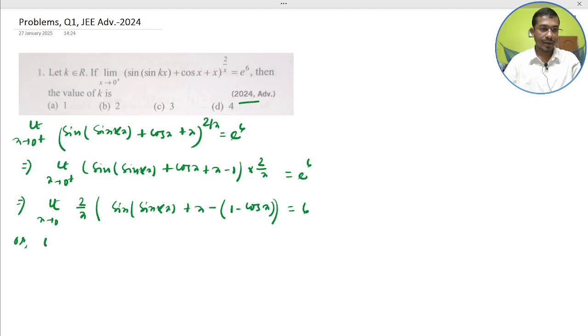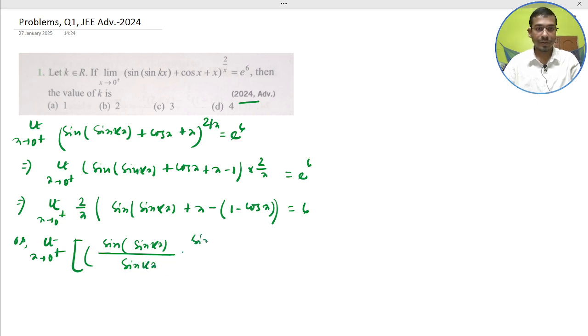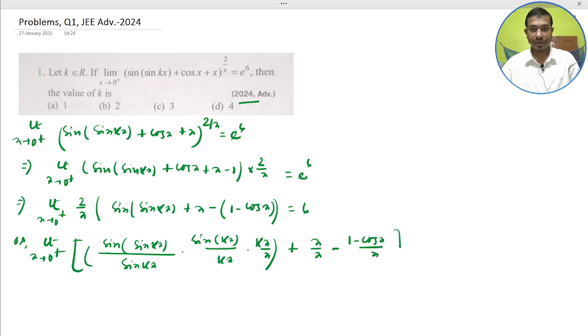Limit x tends to 0 plus of sin of sin kx divided by sin kx into sin kx by kx into kx by x plus, we just match here, x by x minus (1 minus cos x) by x. This should be 3, since 2 here and 6, so after 3.